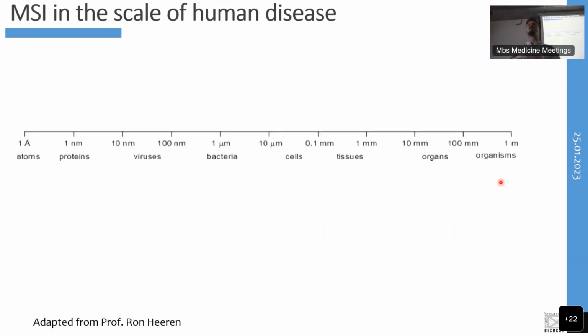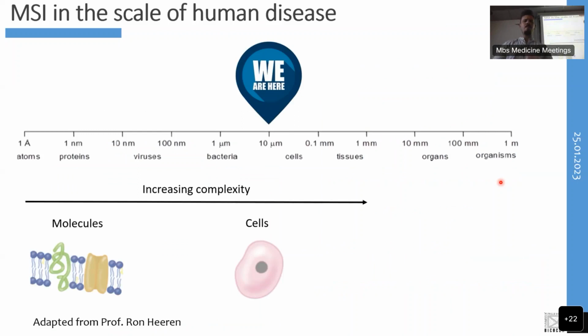And in the scale of human disease, where is mass spectrometry imaging? On the whole, more or less, we are at the level of a single cell. So the limitations right now are between about 5 to 10 microns. But of course, we're characterizing our cells based upon the subcellular contents, the molecules that are inside, which are highly complex.